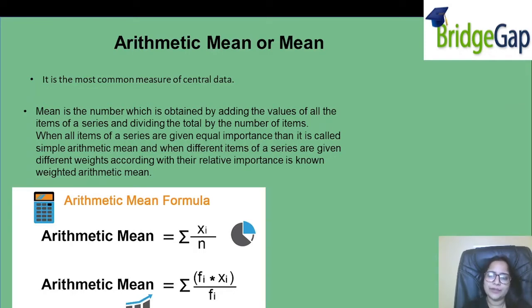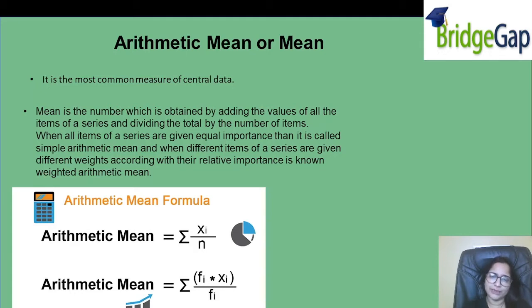Suppose in some particular data, some numbers are given more weight because they are relatively more important. Their weight should be greater. When there is a vast difference in numbers, like there is a very small number and a huge number, it is better to give weights to them so that we could get a better average of what we are looking for.